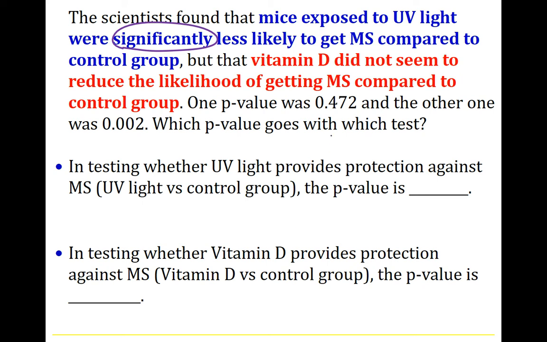Well, if my two choices are 0.472 and 0.002, then if I just found significant data, it's 0.002, because notice that number is smaller than an alpha level of 5%. In testing the vitamin D protection against MS, the p-value would be the other, 0.472. You have found nothing when you found 0.472, which means you did not reject H0.